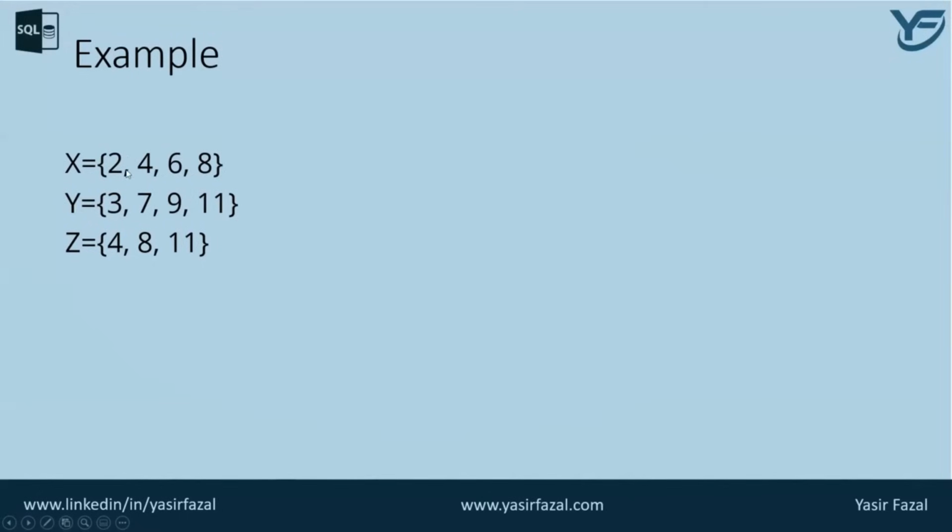When we talk about the universal set, it means all the numbers present in these sets will merge into one set and create one universal set. That set would be 2, 3, 4, 6, 7, 8, 9, 11, and the repetition shall be removed, which will create a distinction among the elements.